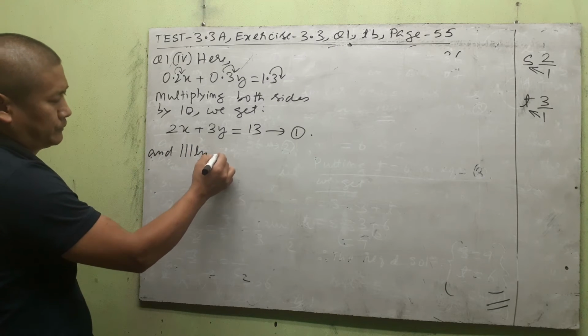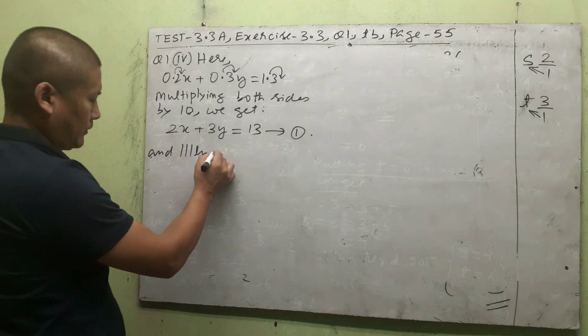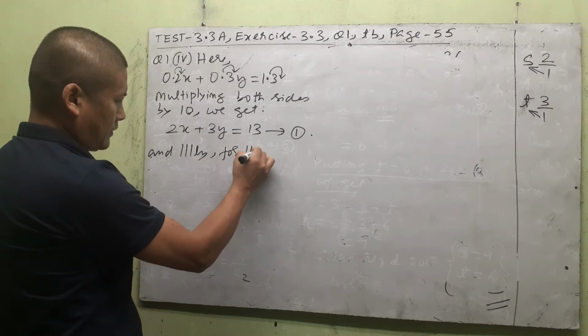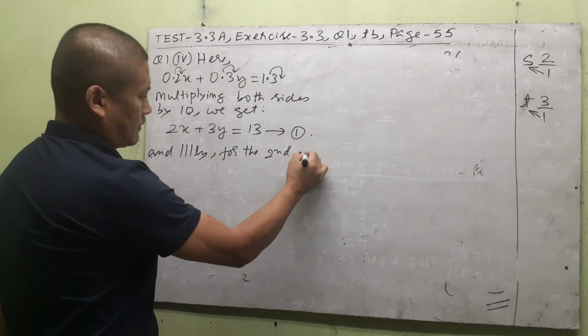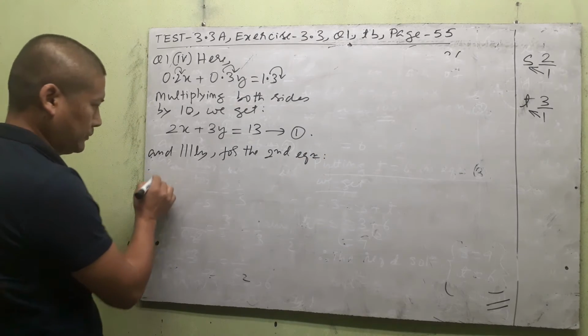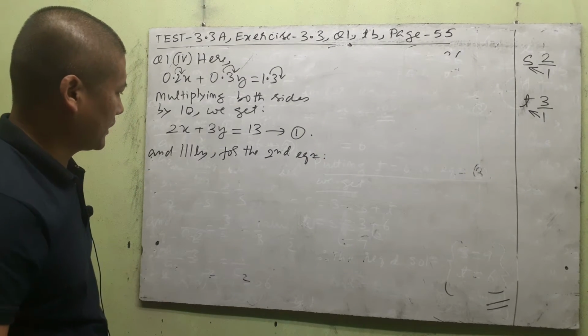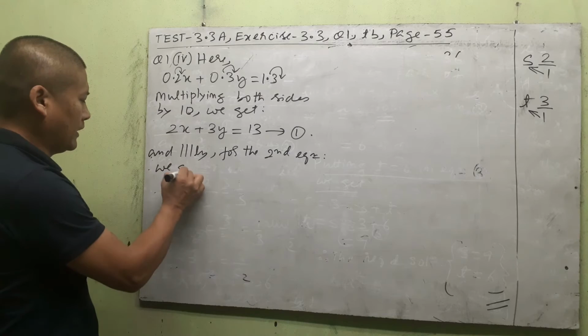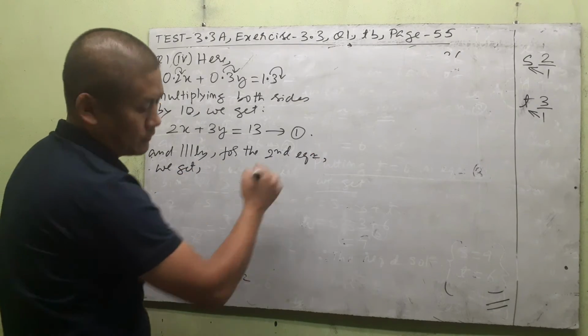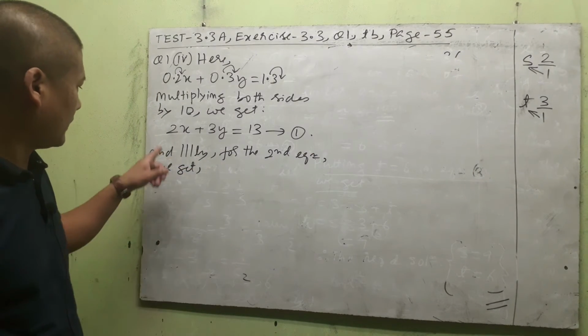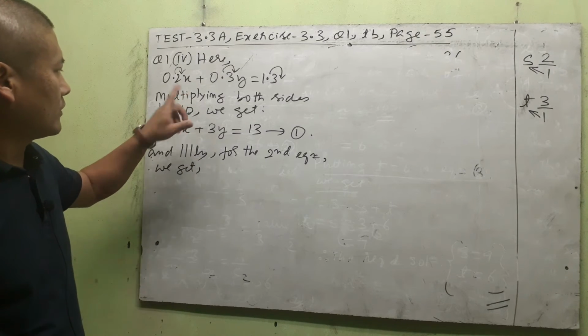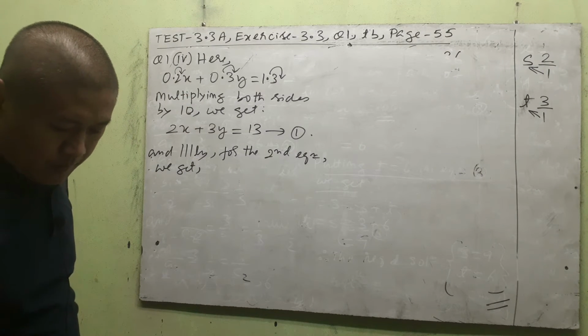And similarly for the second equation, we get, so go to the second equation, multiply by 10. I'm just writing here similarly, so we do not write multiplying.